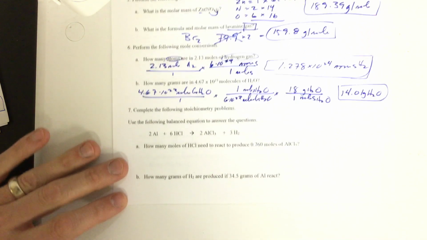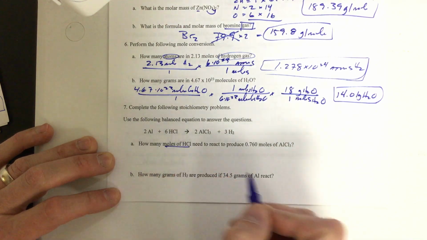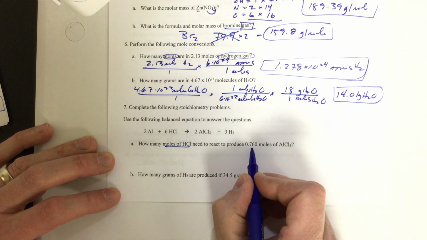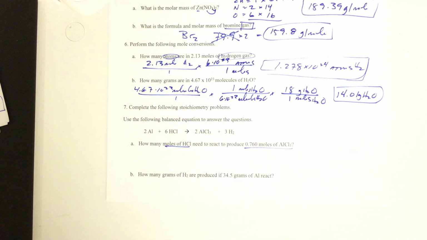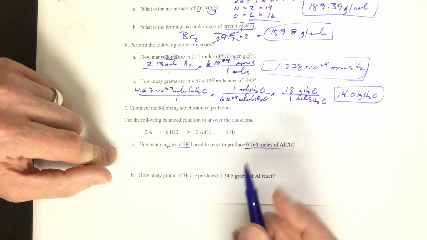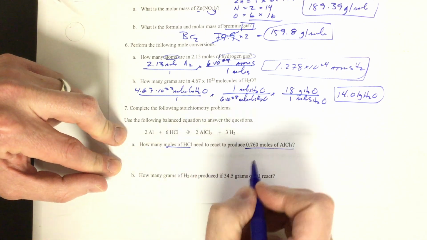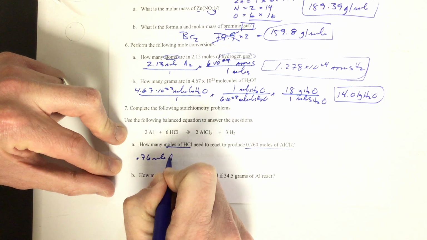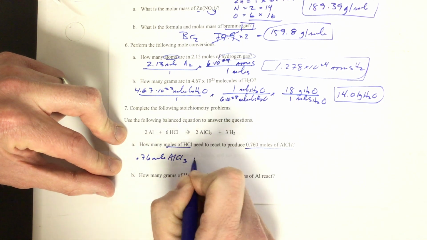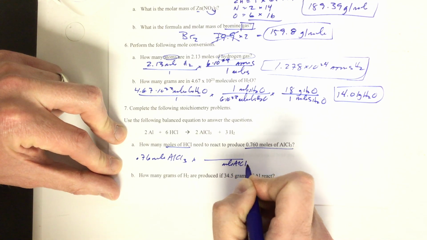All right, here's some more conversion questions. Head down to the bottom. How many moles of HCl are needed to produce that many moles of aluminum chloride? This is that center reaction on the mole map. It's moles, balanced equation, moles to moles. So I start with what I know, which is always 7.6 moles of AlCl3. I'm going to cancel moles of AlCl3 because I don't want them.